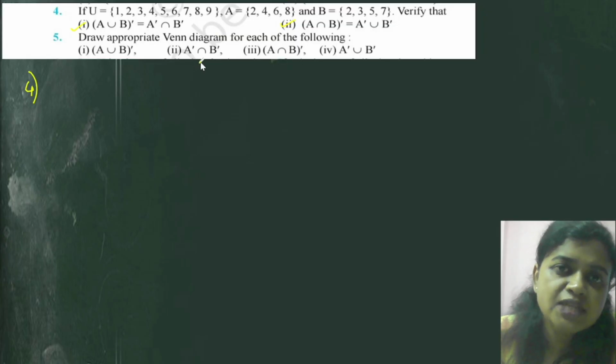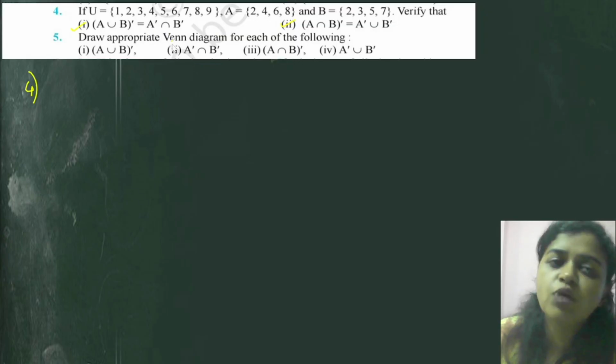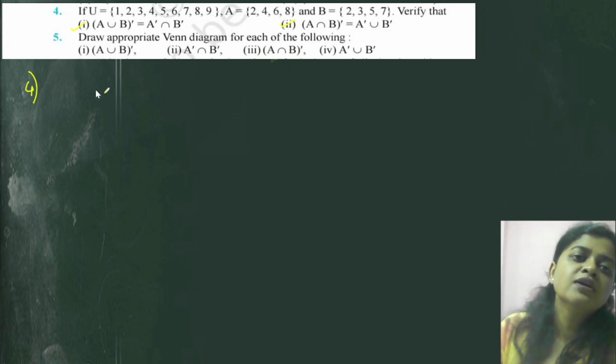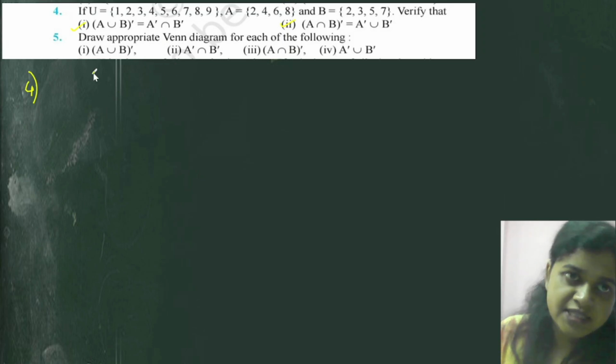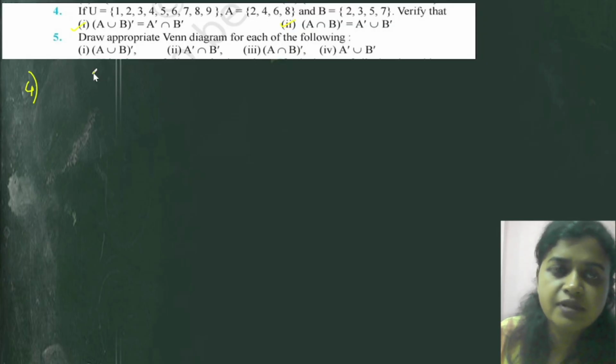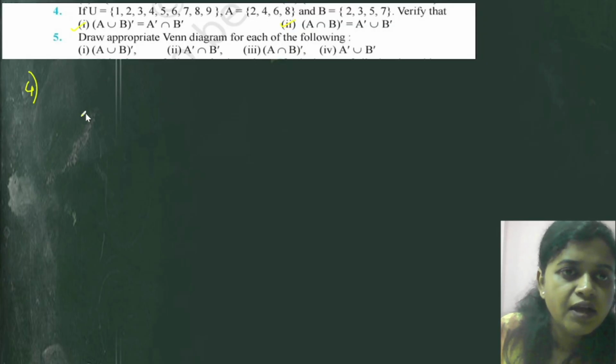In the properties of the complement of a set, we learned De Morgan's law, and now you have to verify it. To verify, we have to show LHS equals RHS. If we can prove LHS equals RHS, we can say the equation is verified.